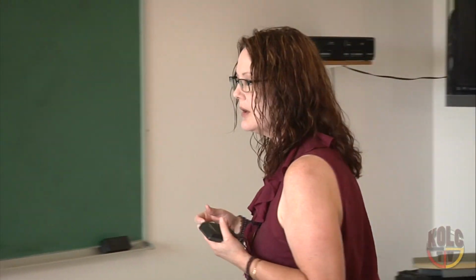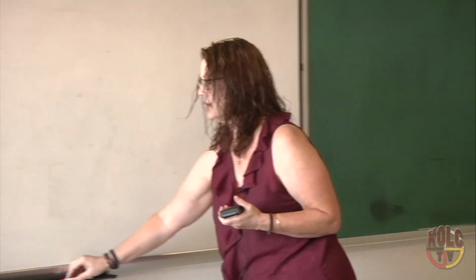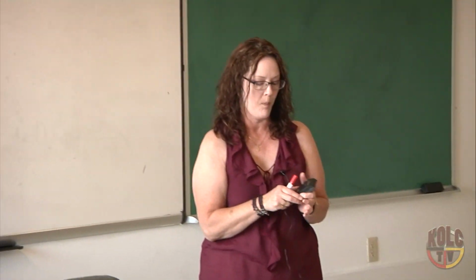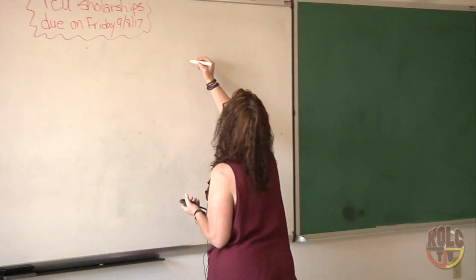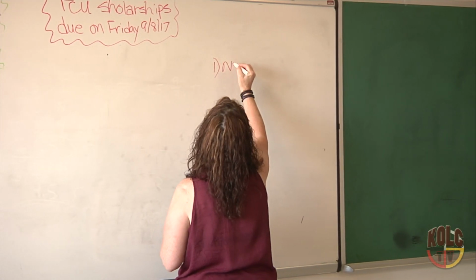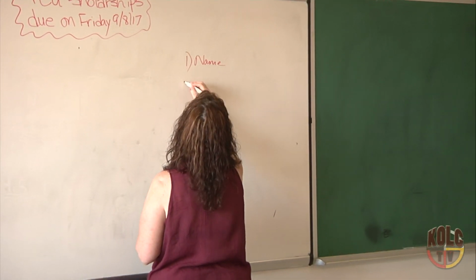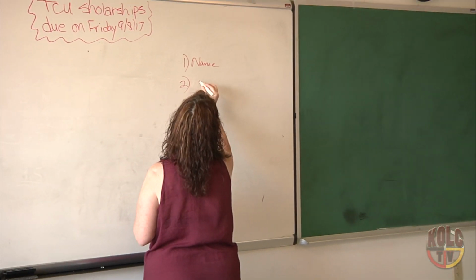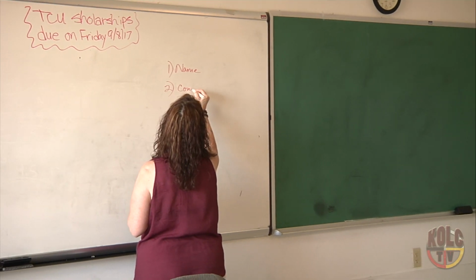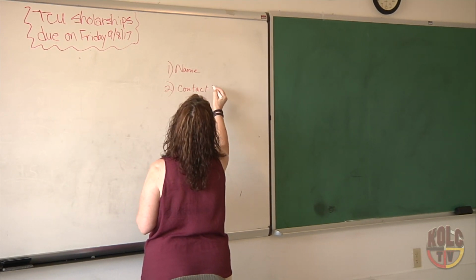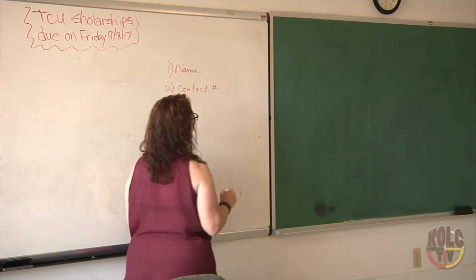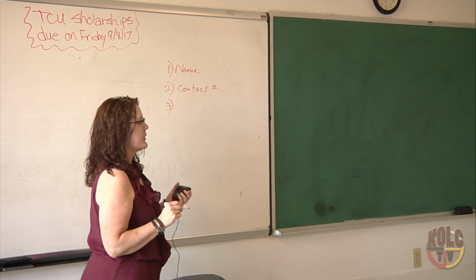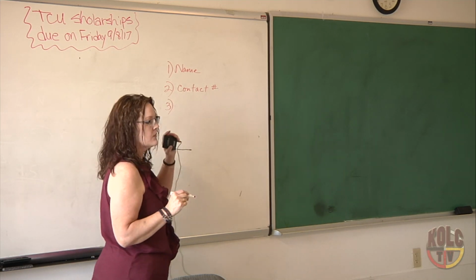So the first thing I want you to put on this little piece of paper is your name. That's the first thing. The second thing I want you to put on there is a contact number, preferably your phone number, but if you have another number that you're using, it's fine.